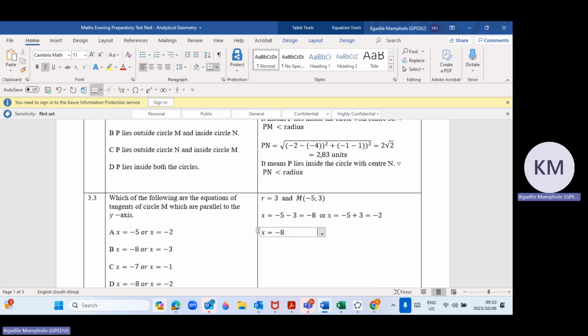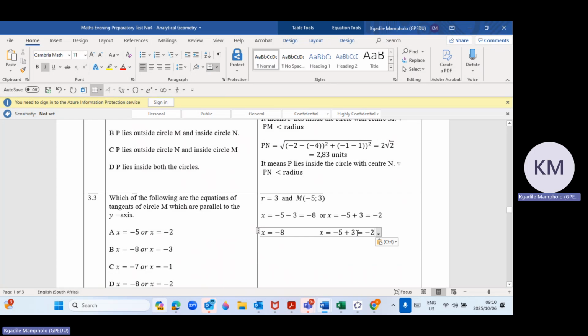Meaning if you are calculating the vertical tangents or the horizontal tangents, you use the radius. For vertical tangents, use the radius and the x value of the center. For horizontal, use the y value and the radius of the circle.